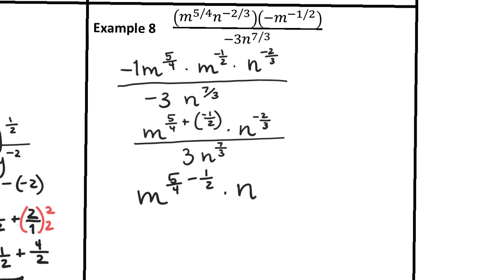That's the next thing. Since the n's are dividing, their exponents are going to subtract. So it's going to be negative 2/3 minus 7/3.